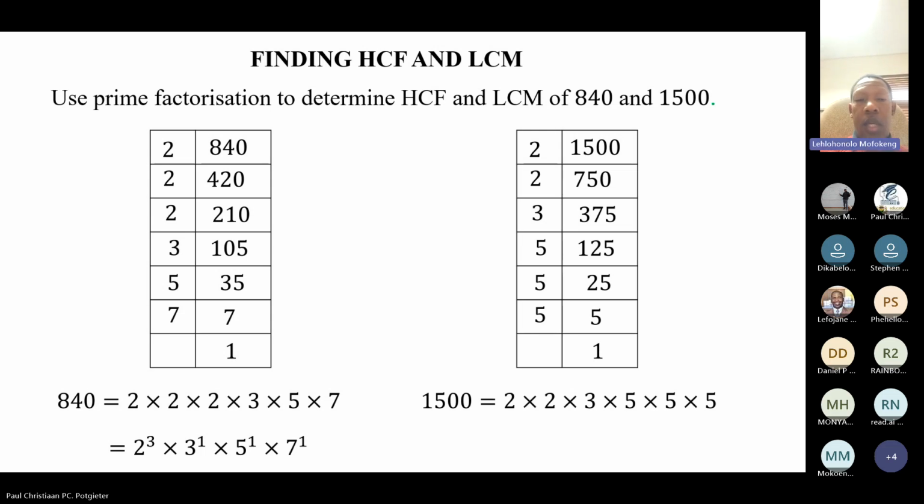Coming to this one, how many 2's do we have? We have 2 2's, which means we have 2 factors of 2. We also have 1 factor of 3. We have 3 factors of 5. Therefore, we are able to represent them in the form of exponents.